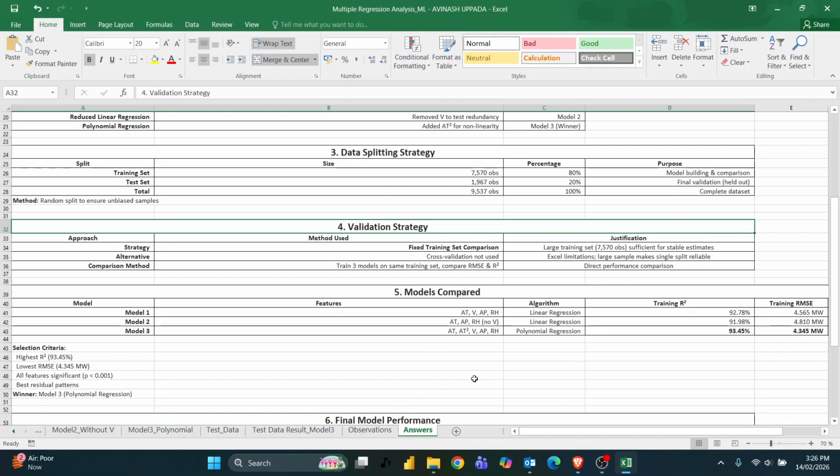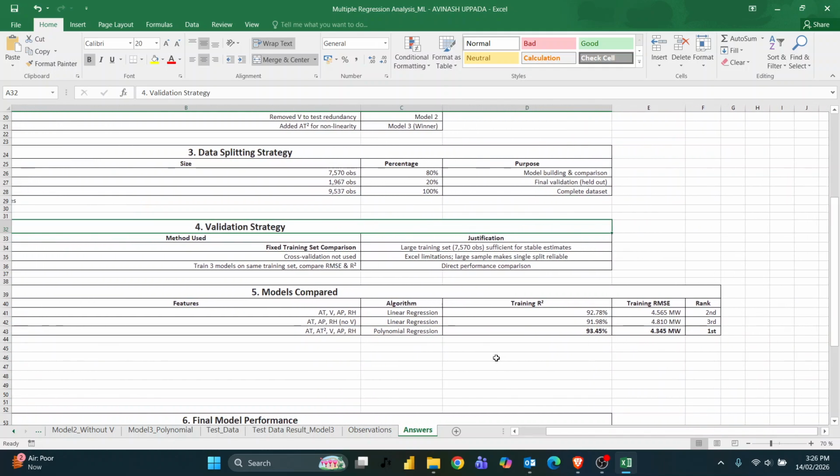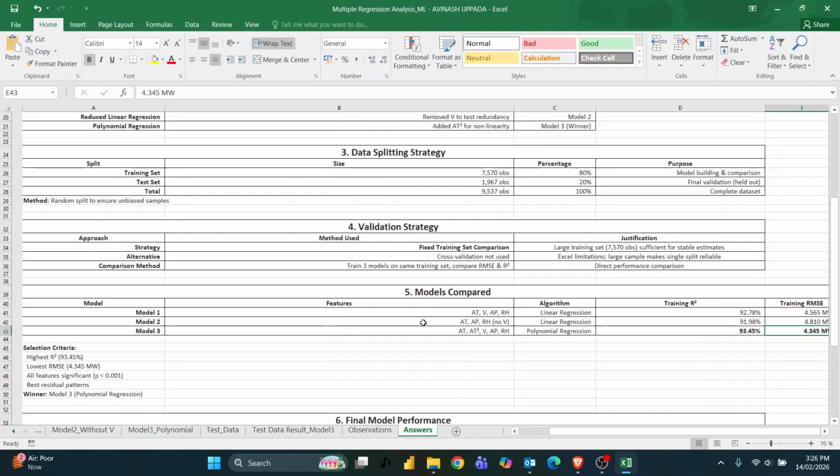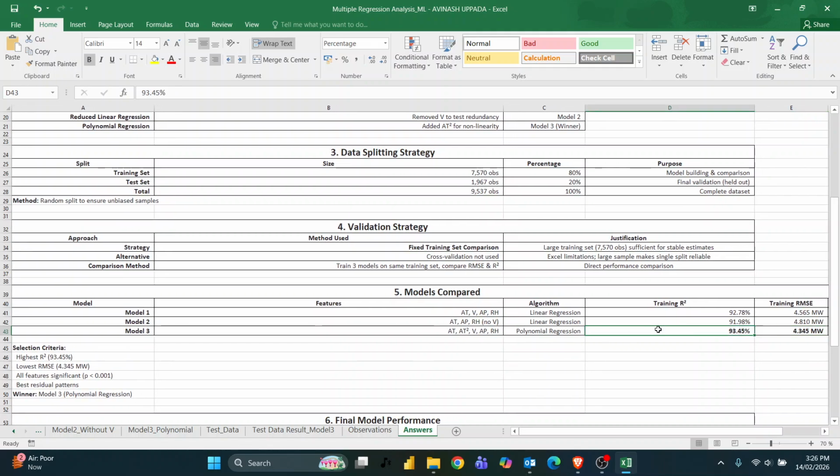And I've compared all three models to arrive at the best model. You can see the lesser the RMSE, the better it is. My root mean squared error is lower in the third model. So I would like to stick with the third model as the best model of all, with R square of 93.45%.